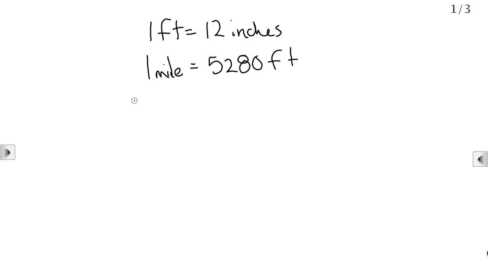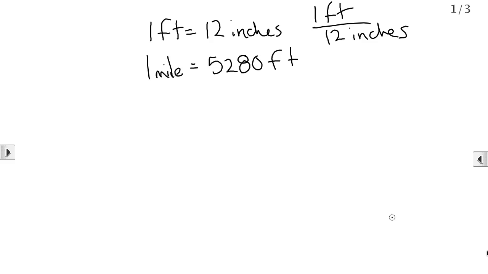Now, that means 1 foot is 12 inches, or for every 1 foot, 12 inches. So we can write these things that are equal as a fraction.